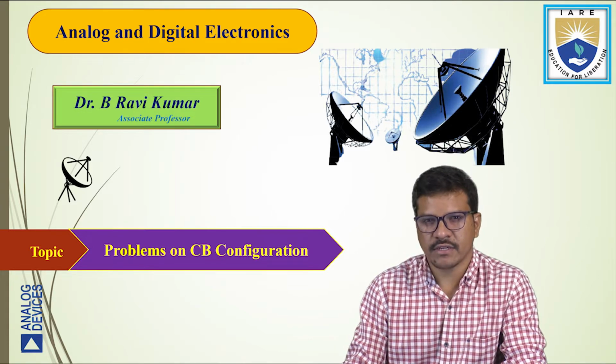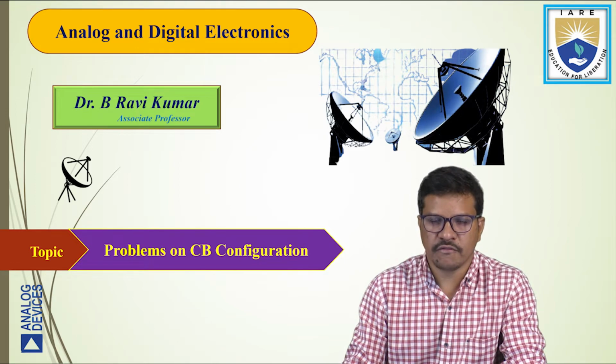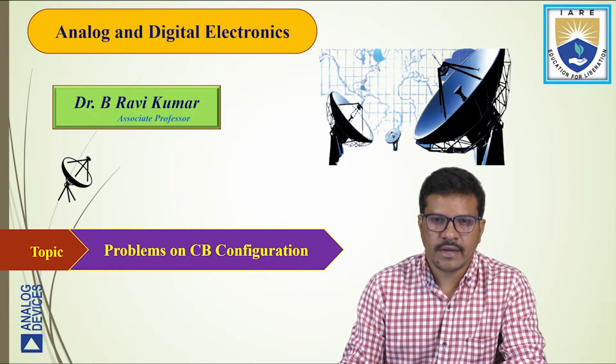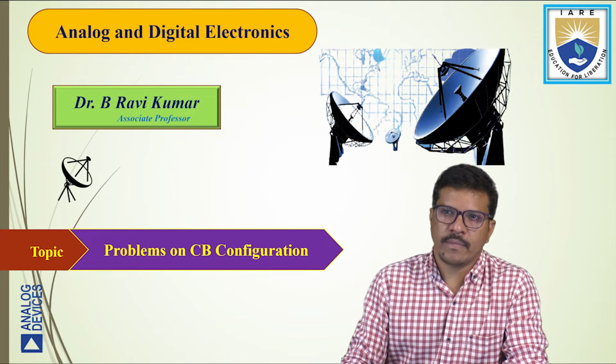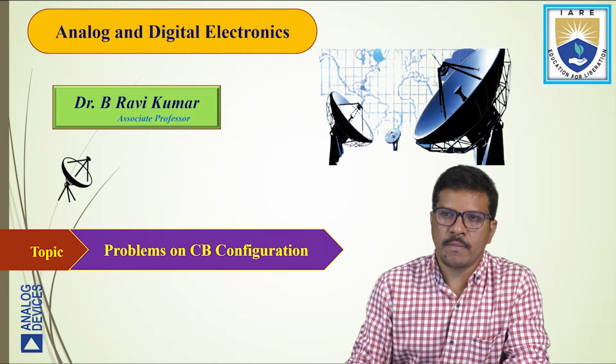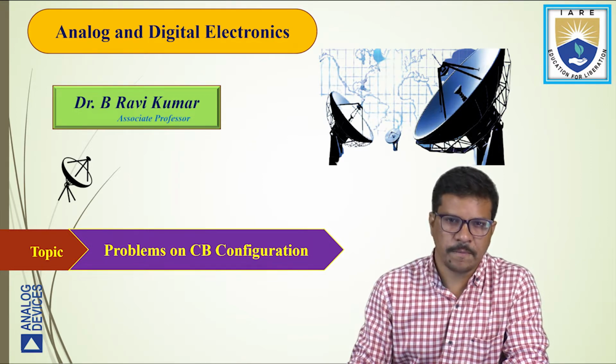In the previous lecture, the H parameter model for common emitter configuration or common emitter amplifier, how to derive the transistor or how to analyze the transistor characteristic parameters, current gain, voltage gain, input impedance and output impedance from the H parameter model. Now, let us see the problem under common base configuration or common base transistor amplifier.